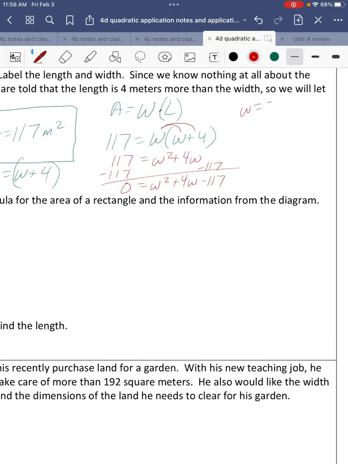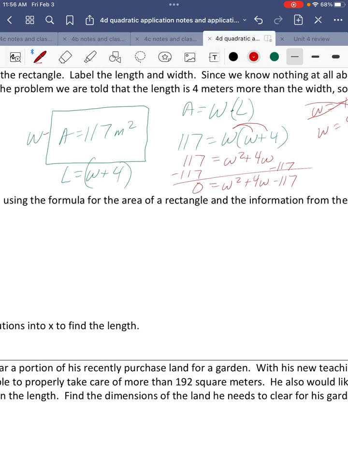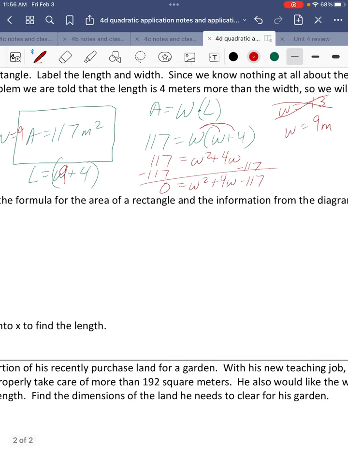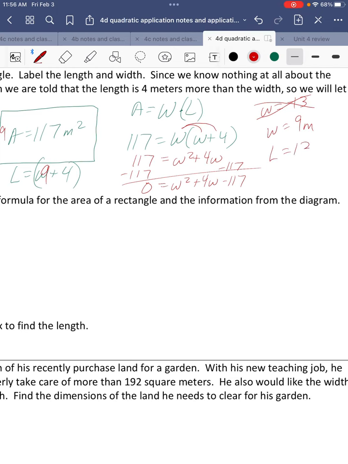So w is going to equal negative 13, and w is going to equal 9. Well, does the width of negative 13 make sense? No, you can't have length or any measurement be negative. So we have 9 meters. That's the width. Okay, so the width equals 9. What does the length equal? Well, that would be 9 plus 4, so the length is going to equal 13 meters.